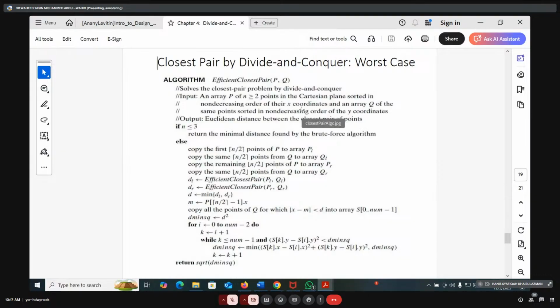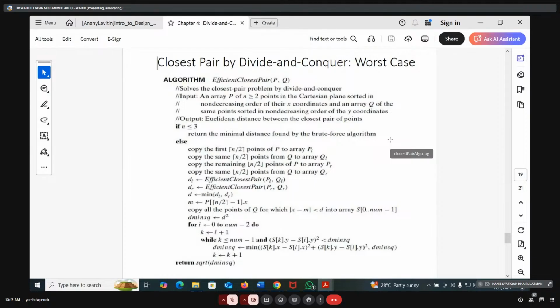So here they are stored in non-decreasing order of their x coordinates, and the array Q of the same points stored in non-decreasing order of the y coordinates. So here we have the y coordinates and the x coordinates.